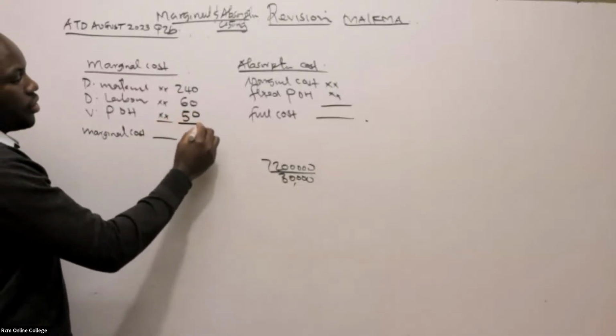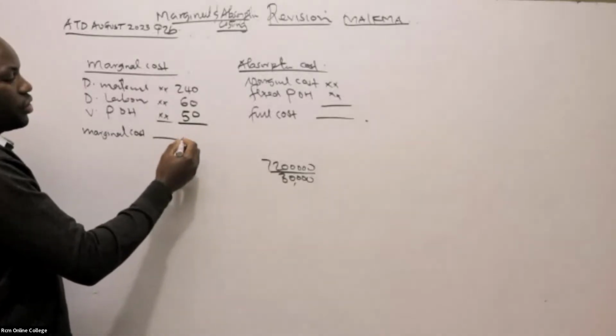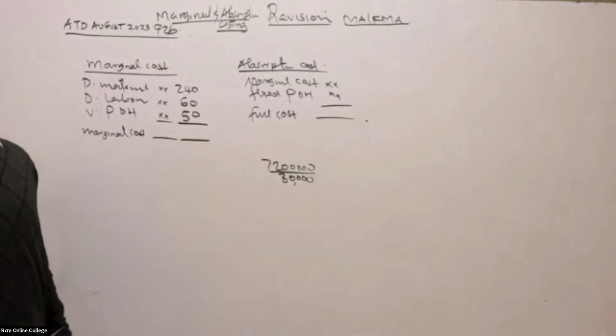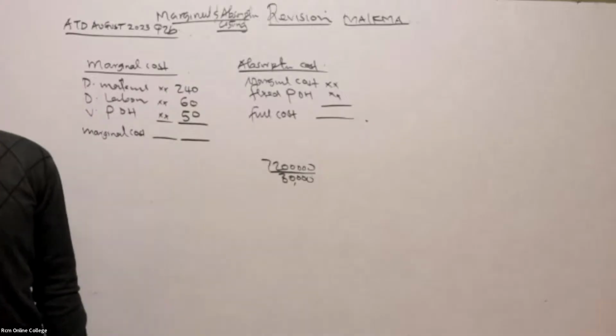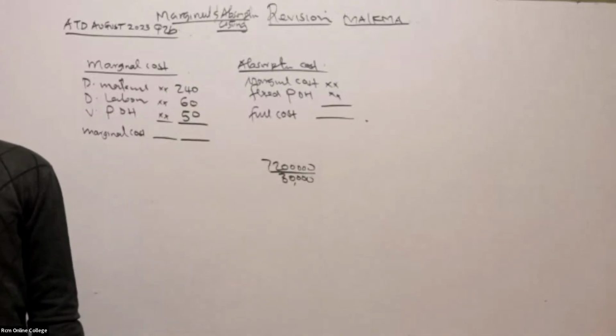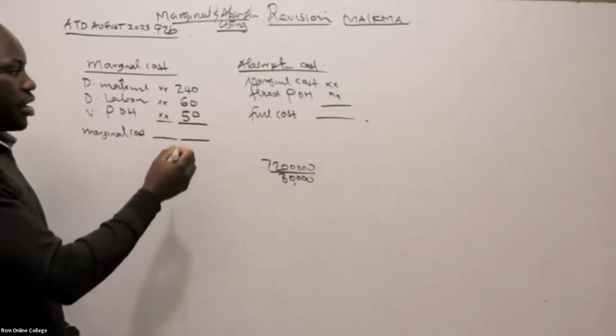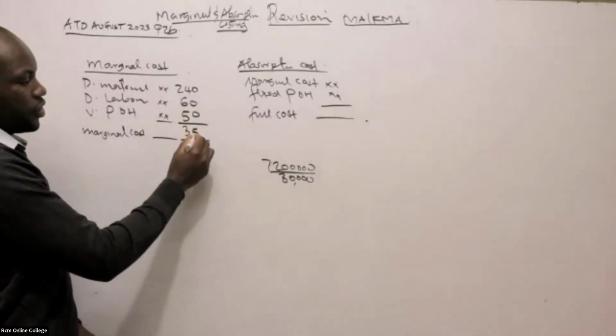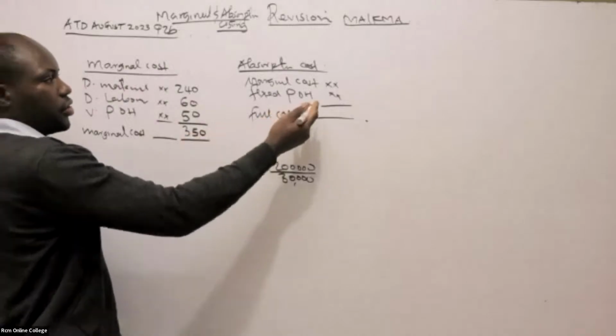So when you add all the three, you get what you call marginal cost. What is our marginal cost? 350. Good.